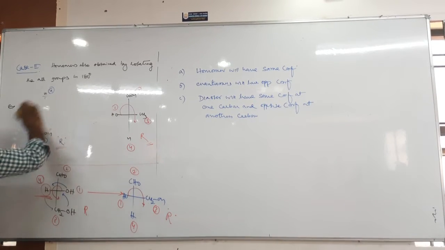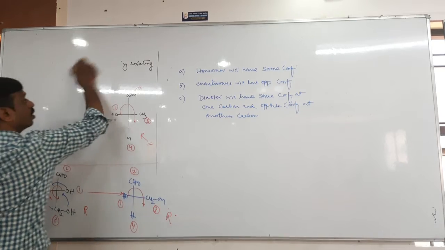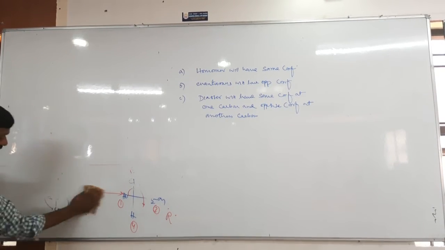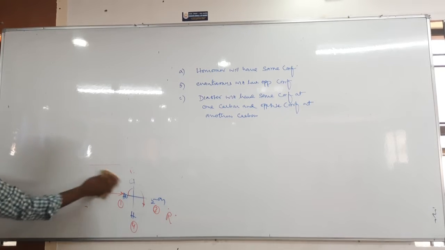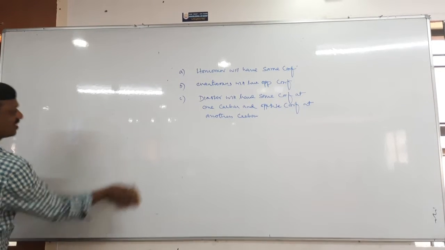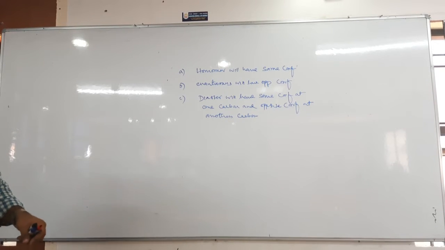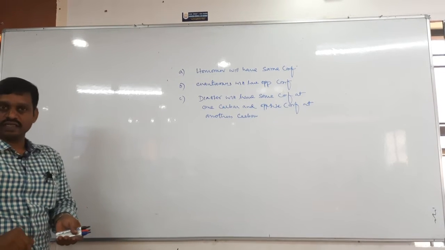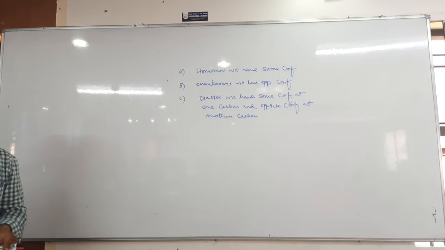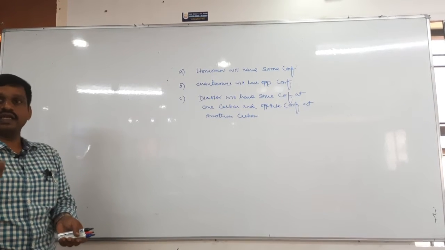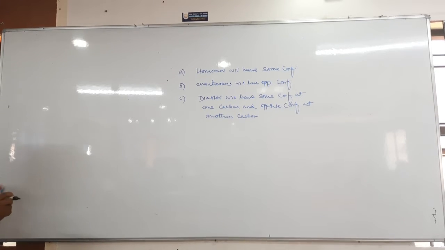Tell me, if there are more than 2 carbons, that example we don't have in our syllabus. Okay, because we have only tartaric acid. Example for diastereomer: tartaric acid. Example for enantiomer: lactic acid. There are only two, no need to worry about the rest, just studying what is there is enough.